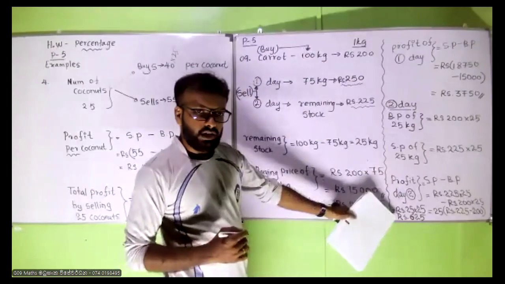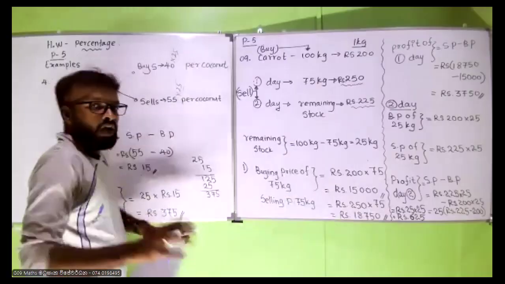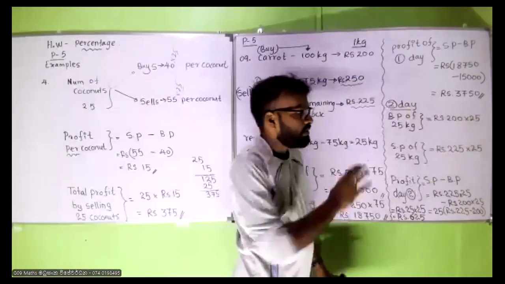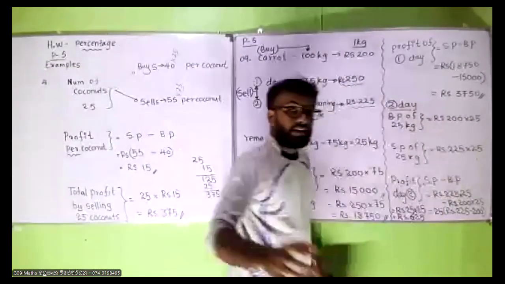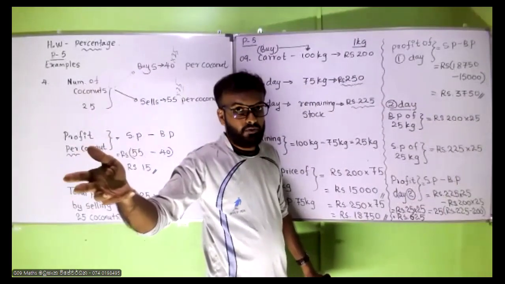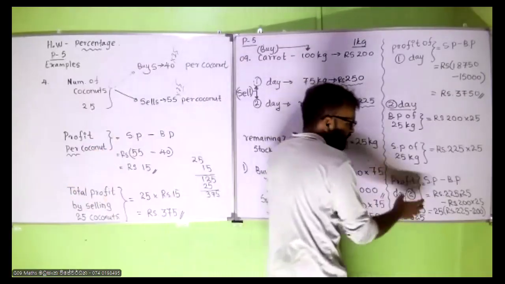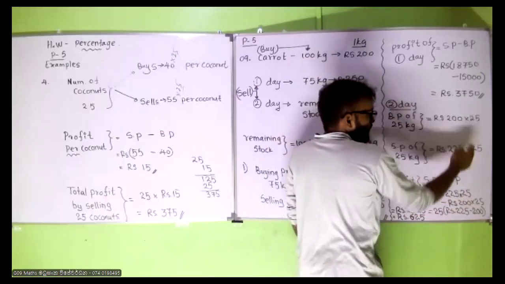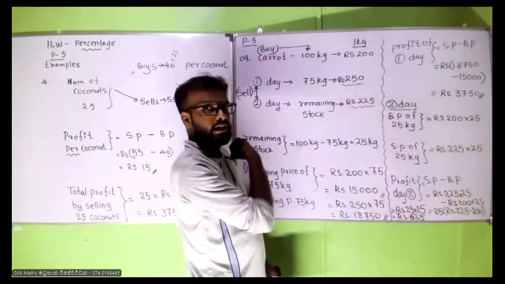Right. Hope you can see. I did the same thing now. I am not going to simplify this here, because it is taking so much time to simplify it one by one. I just take the profit as selling price minus buying price, and I identified that 25 is common. Then I take it out.